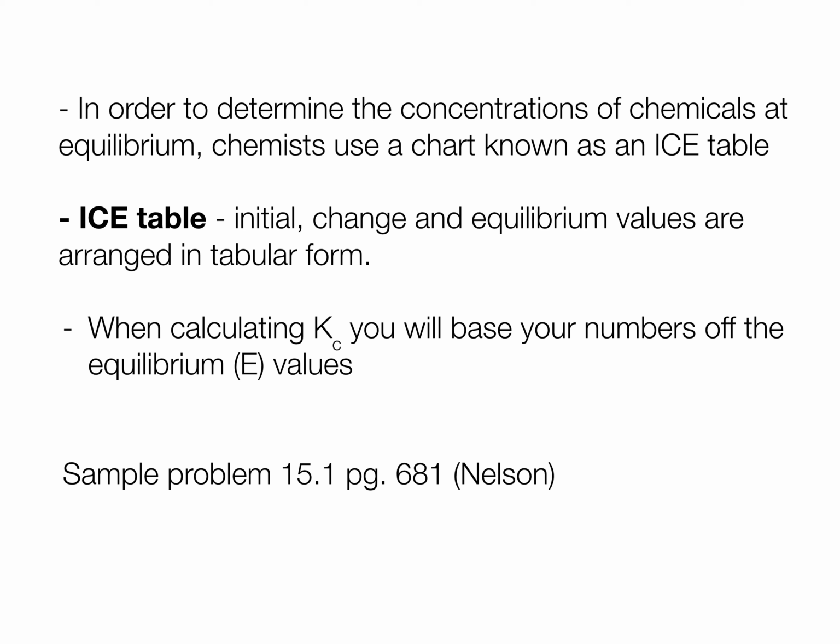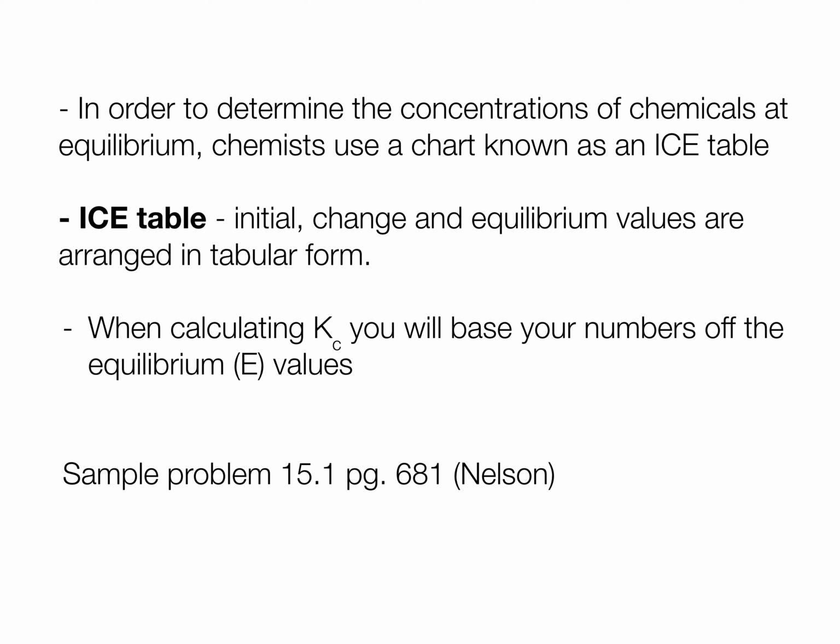And that is what initial, change, and equilibrium stand for. It's the initial concentration, change in concentration, and the equilibrium concentration of all of our chemicals. And as we saw previously, we need those equilibrium concentrations in order to calculate a numerical value for Kc.